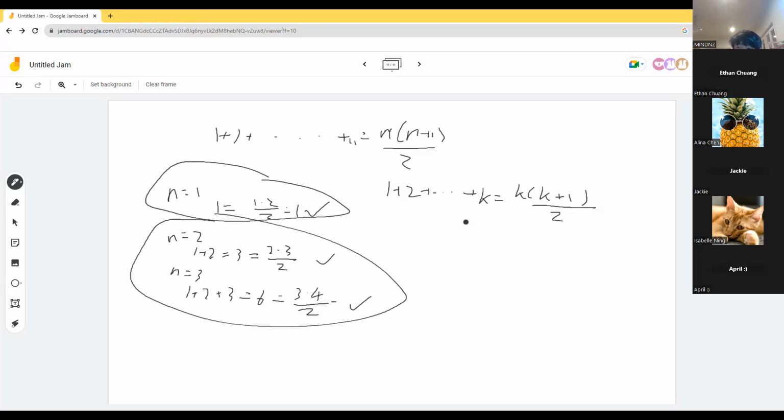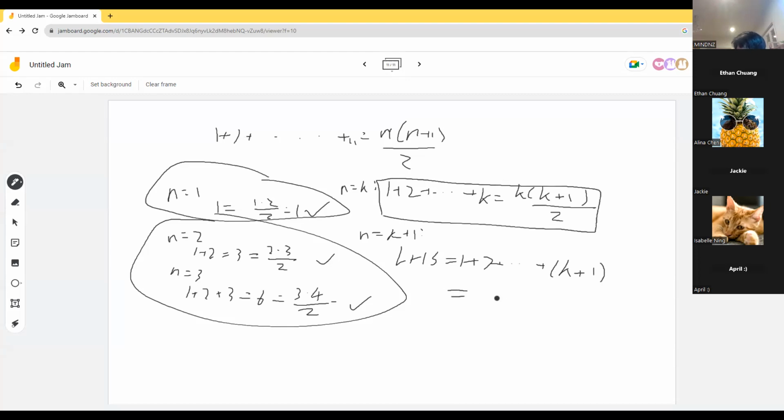Then when n is equal to k plus 1, the left-hand side is 1 plus 2 plus up to k plus 1. And then using what we assumed to be true, this is equal to k times k plus 1 over 2 plus k plus 1.